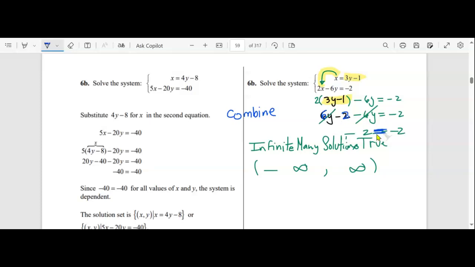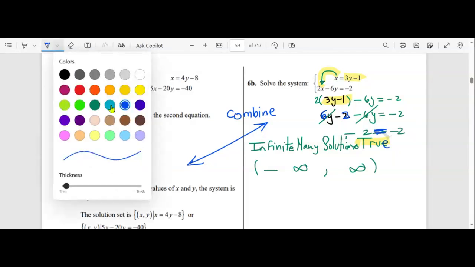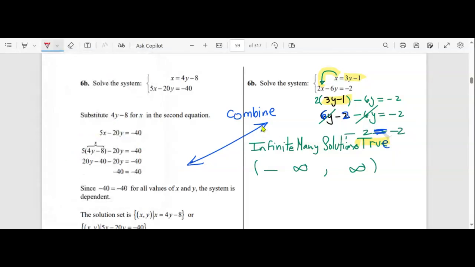Is negative 2 equal negative 2? It's true. So if it's true, that means the two lines are what? They overlap.